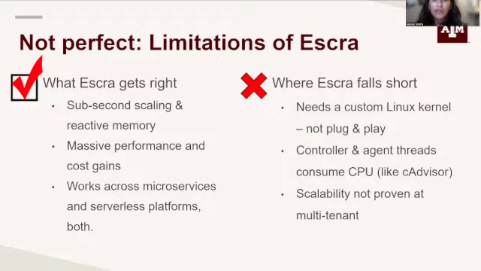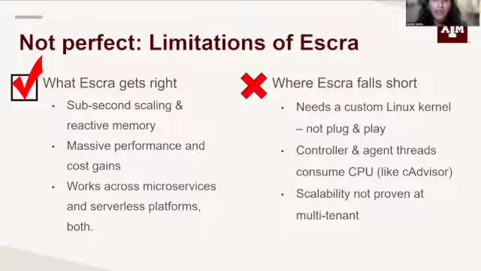So obviously, Escra isn't perfect. There are some limitations. It needs a custom Linux build, which could be a deal breaker for many cloud environments that want to stick to standard OS images. Every container sends telemetry and listens to kernel events. In the paper, cAdvisor memory monitoring consumed up to 85% of a core.